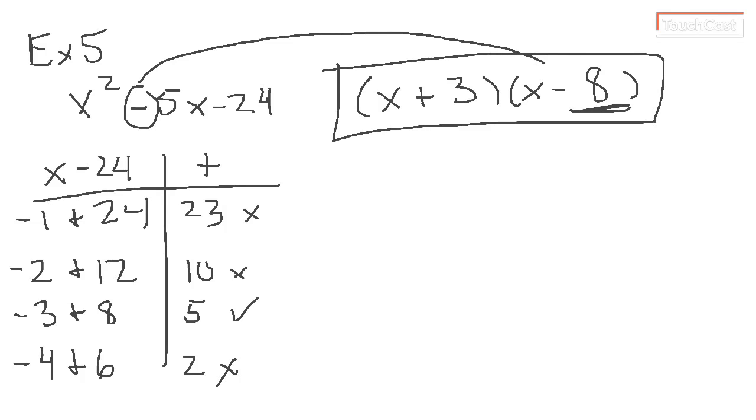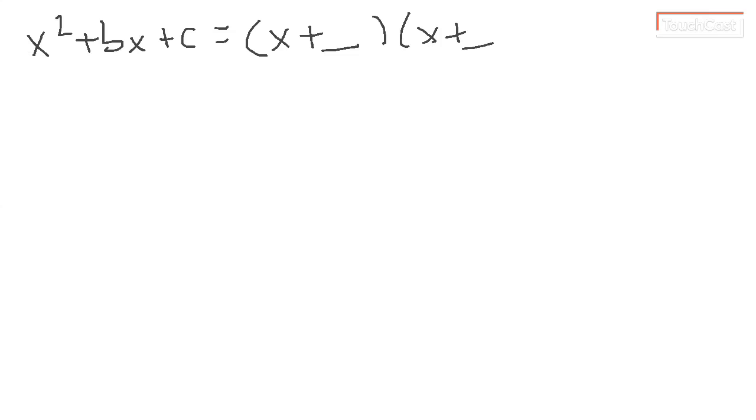Alright, I want to sum up real quick on everything we've done. So to sum up, there's 4 cases, in a way, we've talked about in this video. We can have a quadratic that's in the form x squared plus bx plus c. If that happens, we're going to have factors of x plus a value times x plus a value.